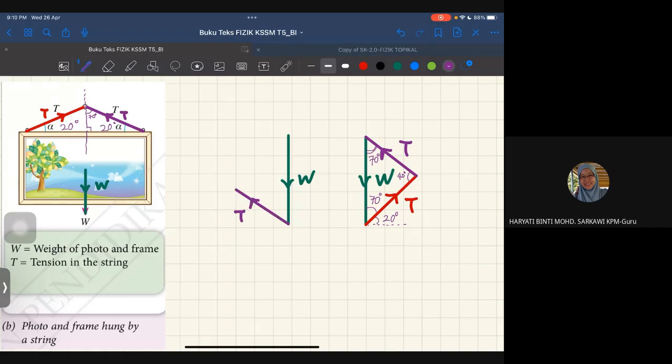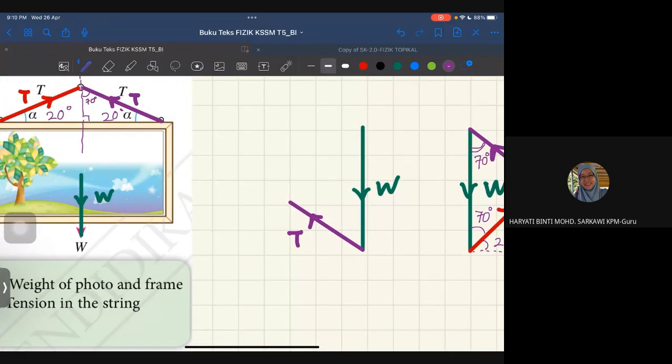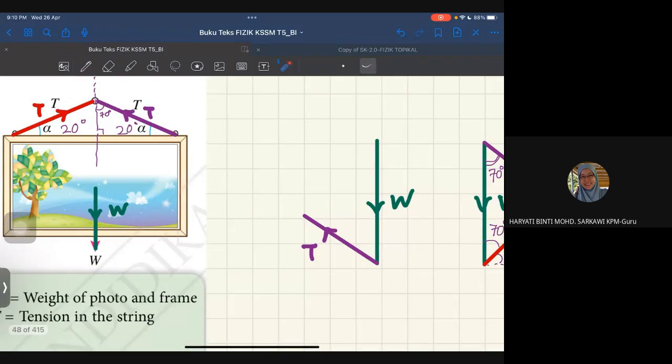So the angle, need to be careful. Where is the angle? So same as just now, need to refer to the original diagram. So this is the purple T, right? So to the horizontal is 20. So means that to the horizontal here, this is 20. So what about inside? 70. Okay, correct. So this is 70.